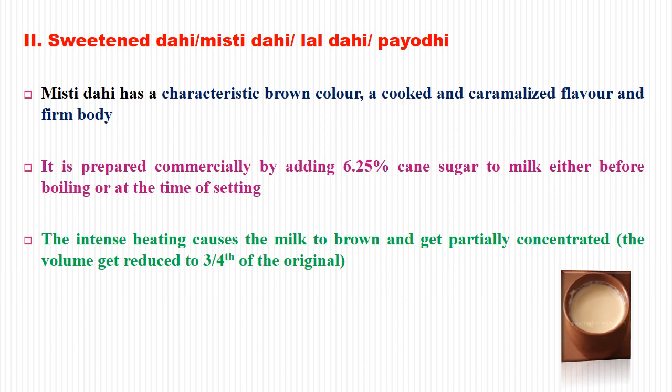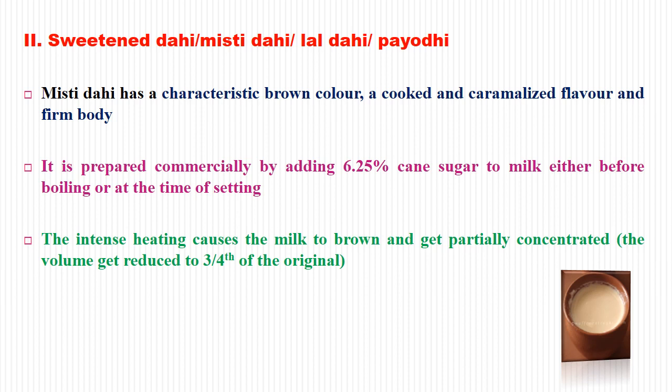It is prepared commercially by adding 6.25 to 7% cane sugar to milk, either before boiling or at the time of setting. The intense heating causes the milk to brown in color and get partially concentrated. Because we are adding the sugar, the thickness is increased and the volume is reduced to 3/4 of the original.